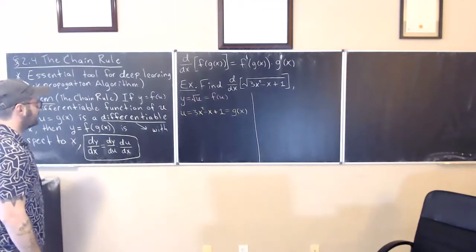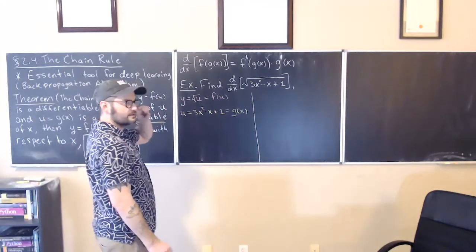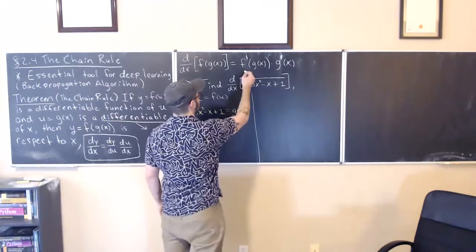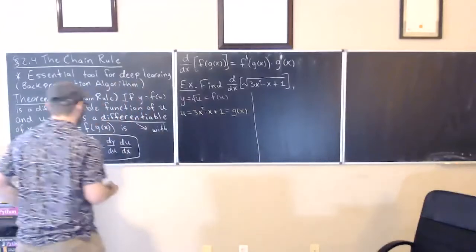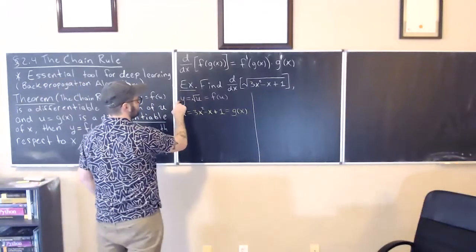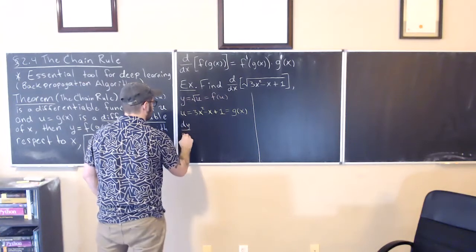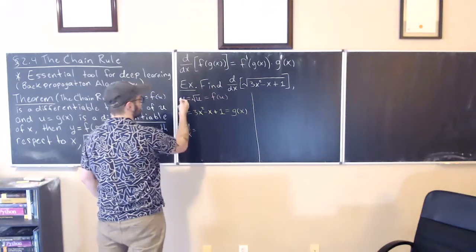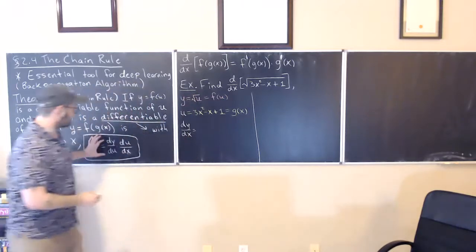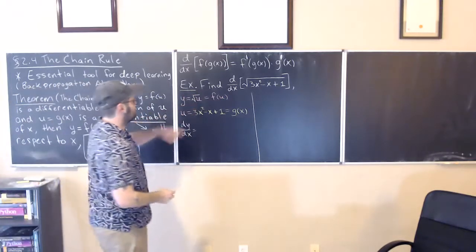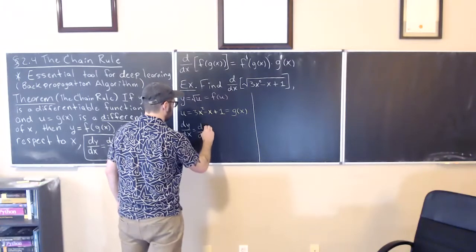Okay, so we want to find dy dx. Like this is right here, f composed with g, right? So the way that we can do this is we can say, okay, let's find the derivative of this. So dy dx, the derivative of y with respect to x, is equal to the derivative of y with respect to u, so dy du, so what is y?